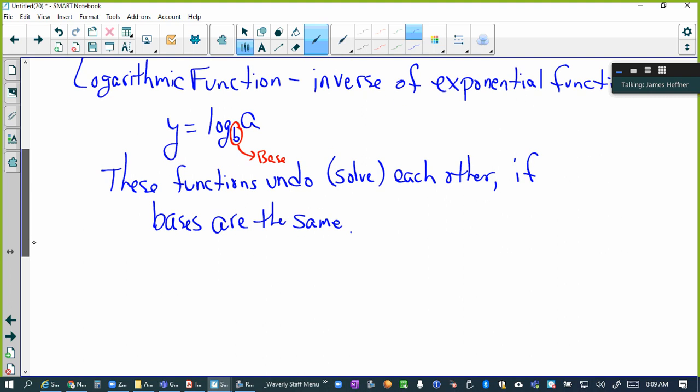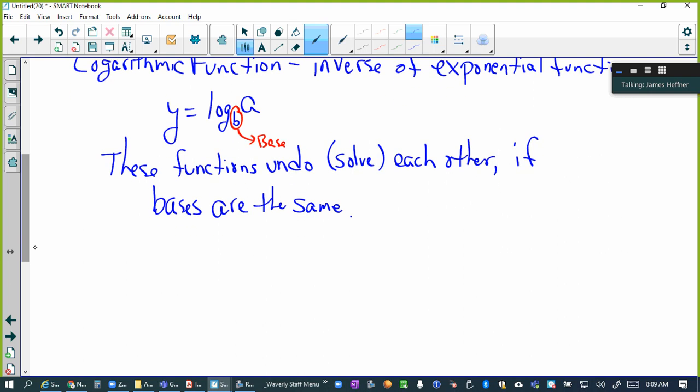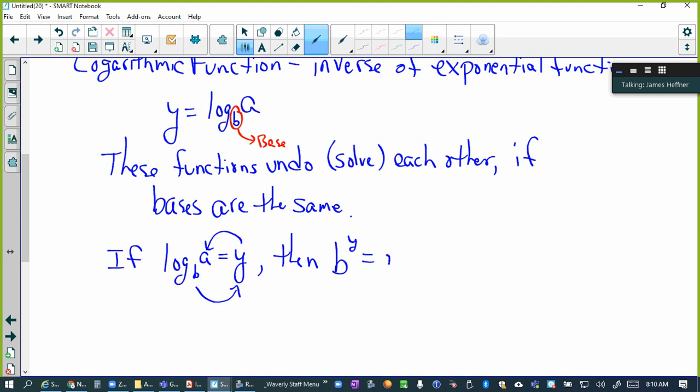So if we have this, here's one way to look at this logarithmic statement right here. If log base b of a equals y, here's what this tells you, okay? This is pretty important here. If log base b of a equals y, then we can say b to the y power equals a, in that format.